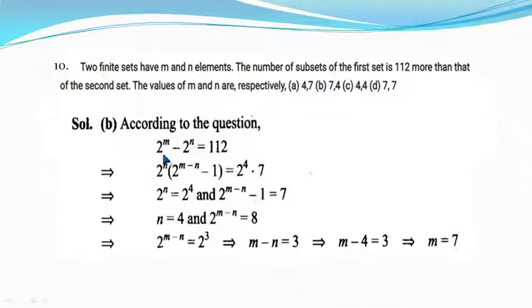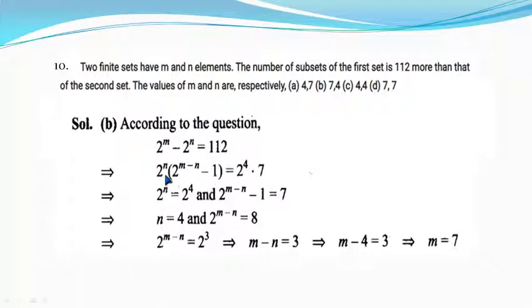After adding and subtracting, what we added, we have taken common: 2 raised to the power n common. And what we subtracted will be left in the first term. 2 raised to the power n times (2 raised to the power m minus n, minus 1) is equal to 112, which can be written like this: 2 raised to the power 4 into 7.